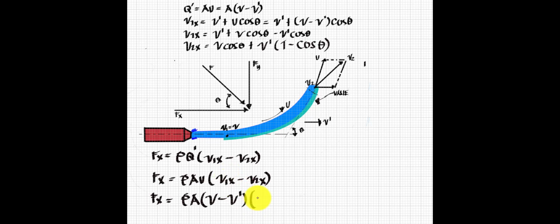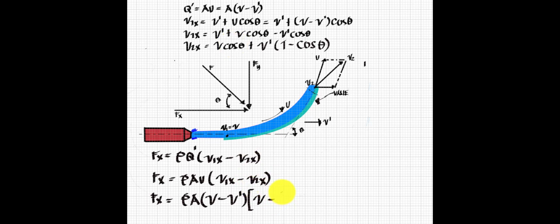So this one will change to v, or the velocity entering at this point, then minus, we're going to put a bracket here. So we have the negative, minus the velocity v2x, right?